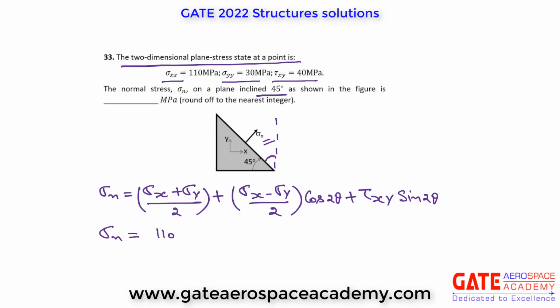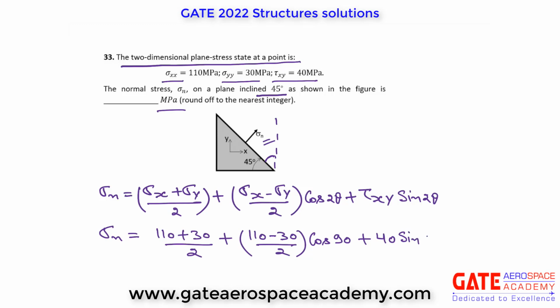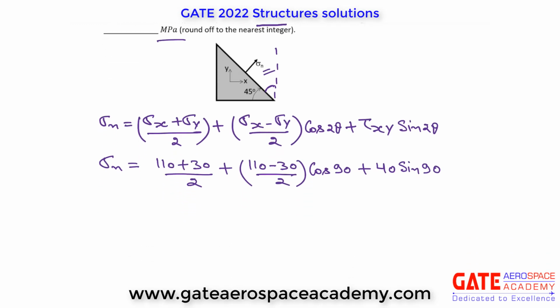Sigma x is 110 megapascal. So let's leave it in megapascal only. We'll get the answer in megapascal, and they are also asking in megapascal only. 110 plus 30 divided by 2, plus 110 minus 30 divided by 2, cos 2 into theta, that is 2 into 45, that is 90, plus tau xy 40 sin 2 theta, means sin 90.